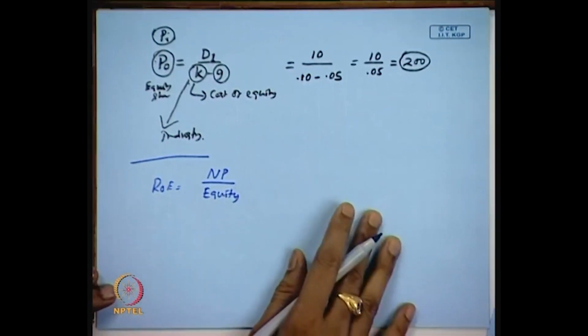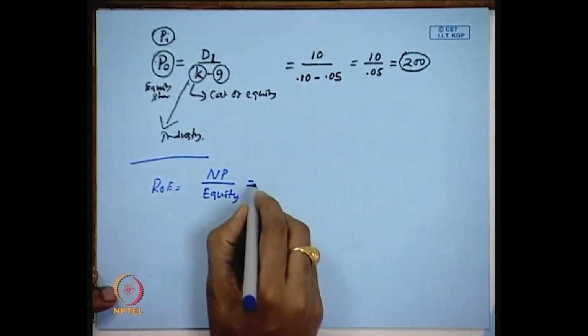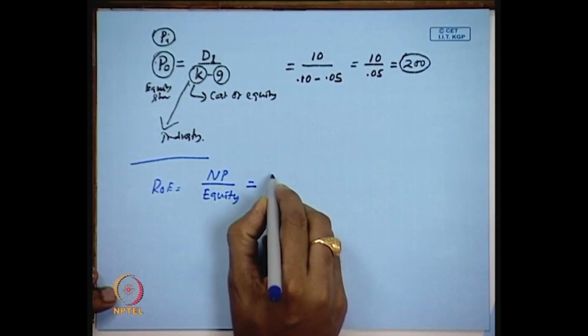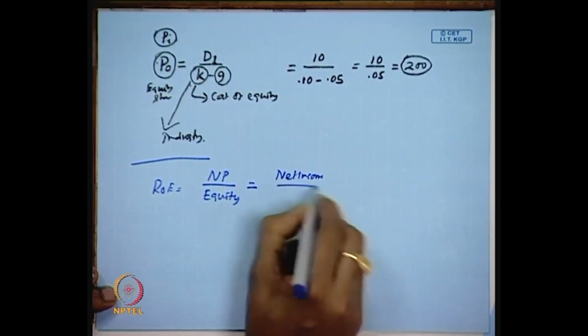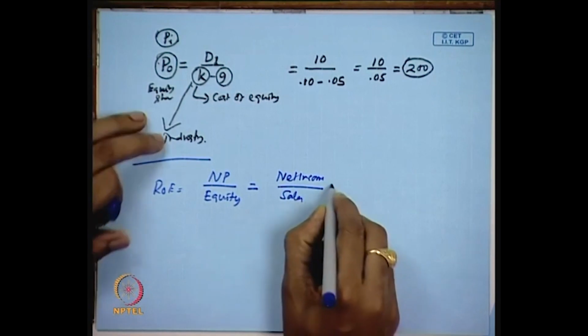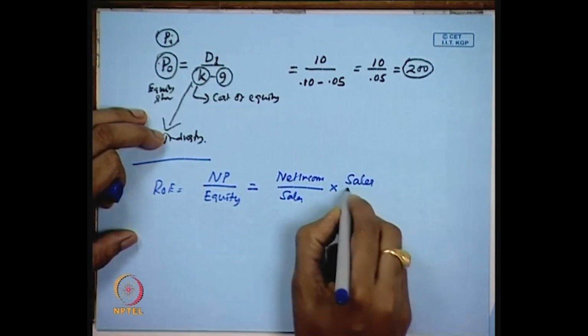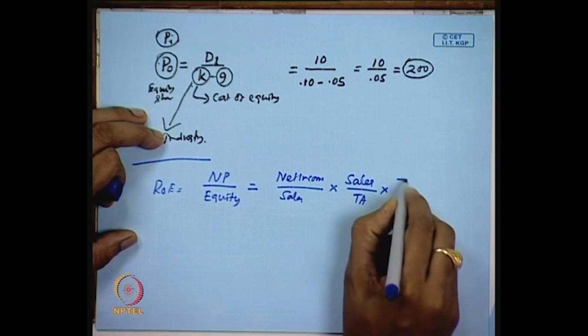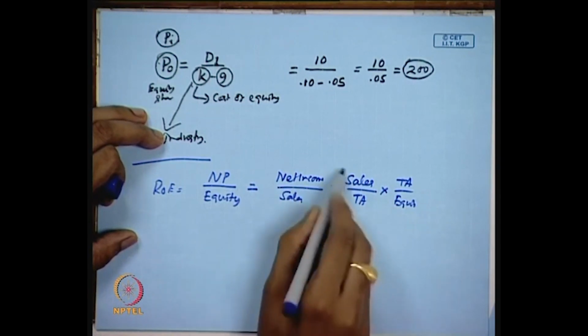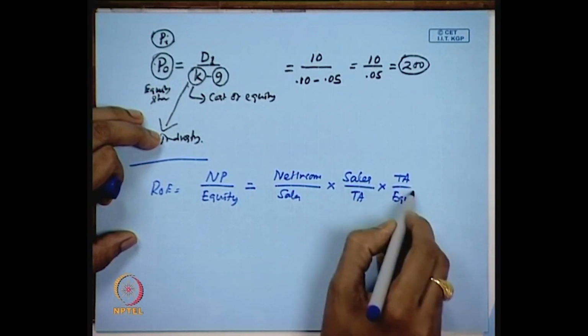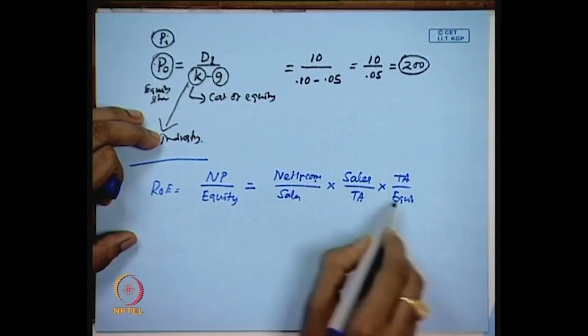And in fact, we have discussed earlier that net profit to equity is a function of different things. We have net income or net profit to sales, then we multiply by sales to total assets, then total assets by equity. So, if you look at it, the sales get cancelled, total assets also get cancelled, what remains is net profit or net income divided by equity.